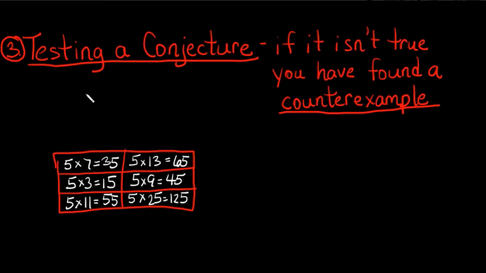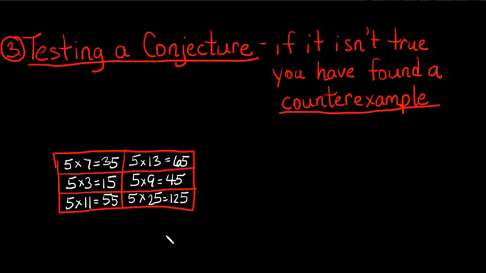So this little chart I've made, you can look and see. It looks like I've got multiples of 5 on here. I've got 5 times 7 is 35. I'm going to make a conjecture just by looking at these.